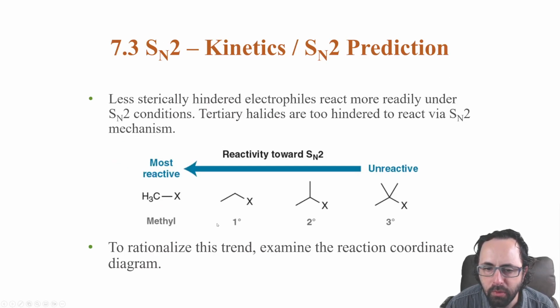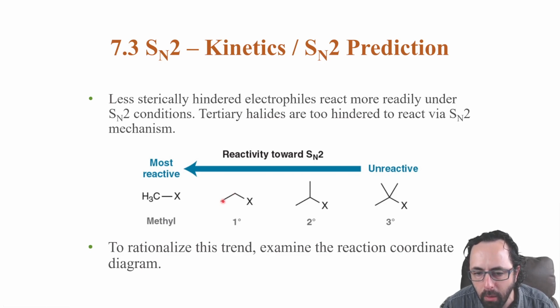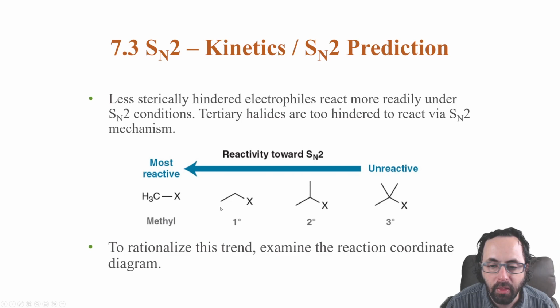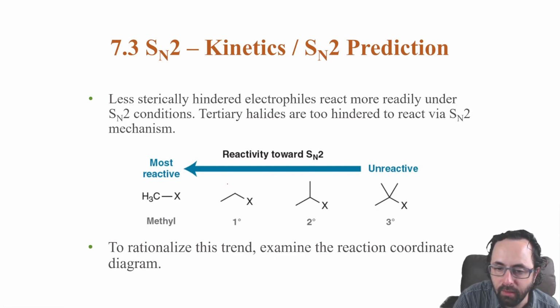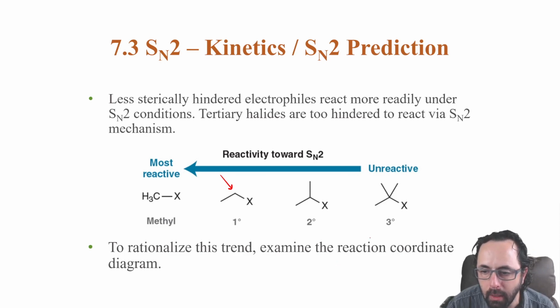And so in terms of reactivity in SN2 mechanisms, methyl and primary alkyl halides are the most reactive because they have the fewest carbon-containing groups or large groups that are blocking the approach of the nucleophile. So in the case of the primary, there's all this space in here where the nucleophile can come in.